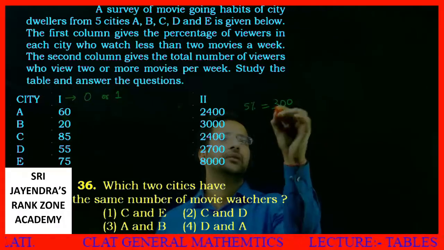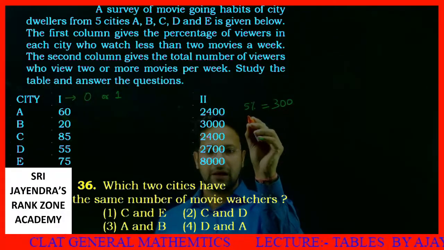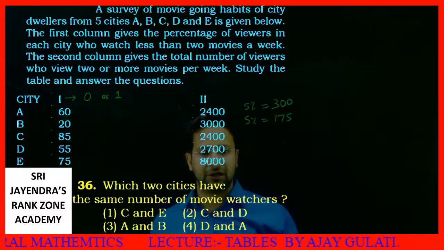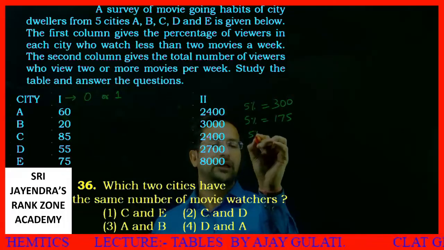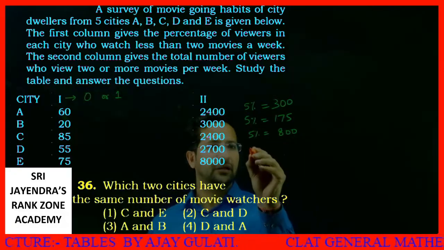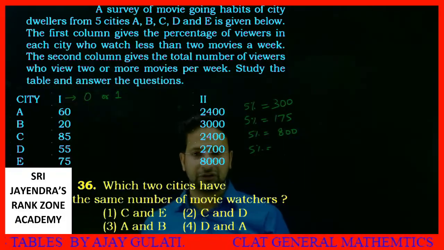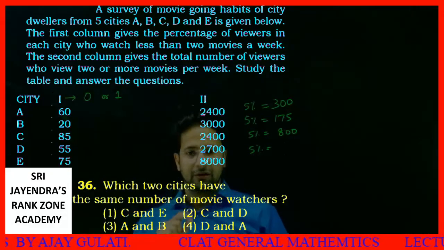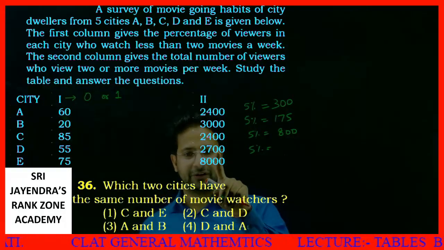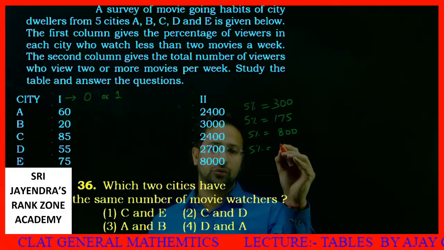Again, option 2. Here, 5% came out to be 175. Next option, 5% came out to be 800. Next, 45% is equal to 2700. So 5% is equal to 300.